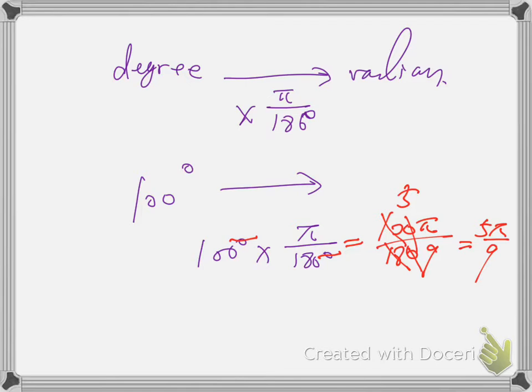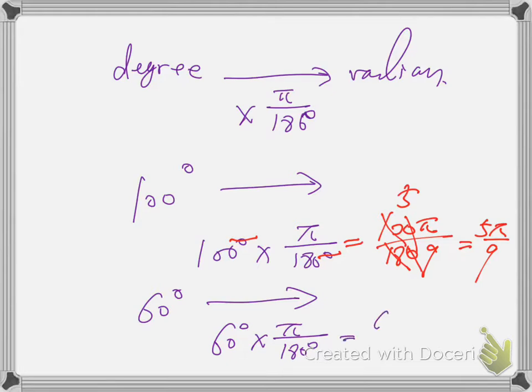Now let's look at 60. We know 60 is pi over 3. Let's try to use this formula. So 60 degrees to radian: we need 60 times pi over 180. The degrees cancel, 60 pi over 180 cancels and is divided by 6.